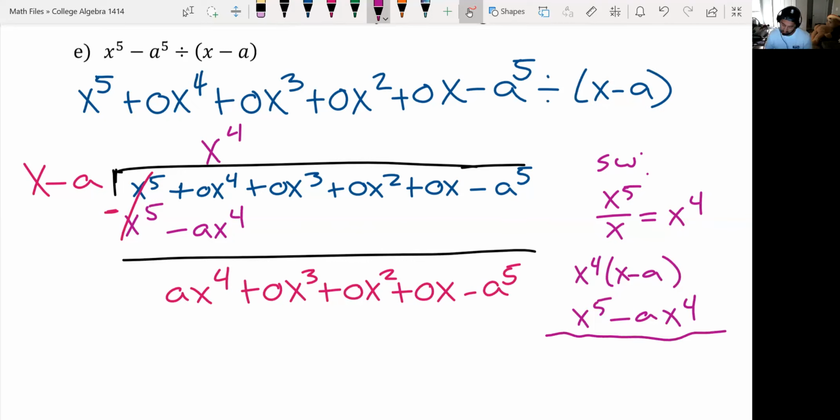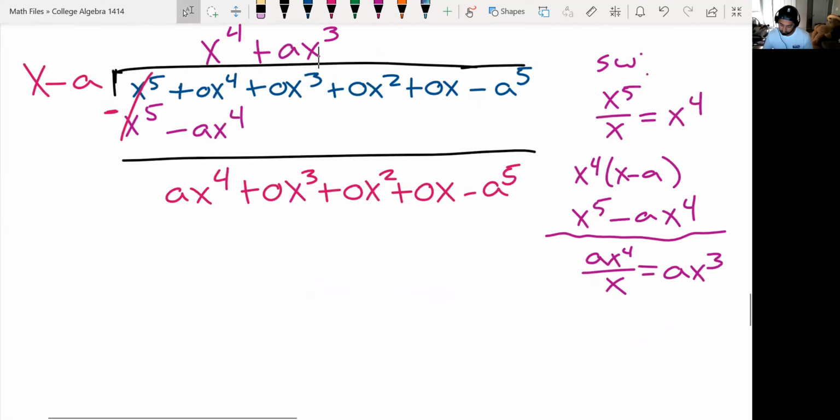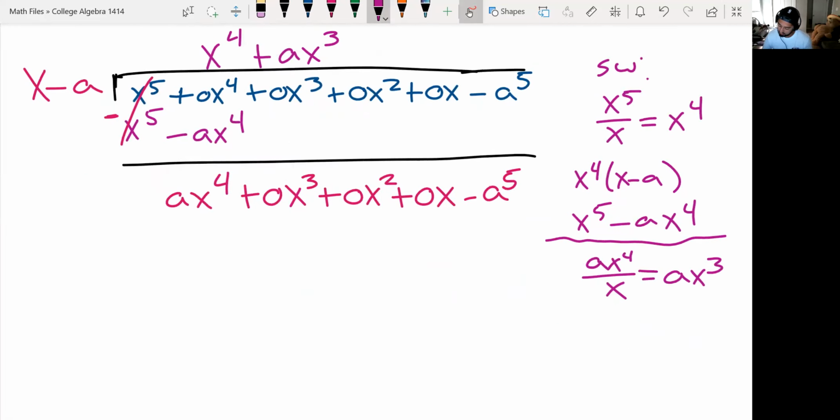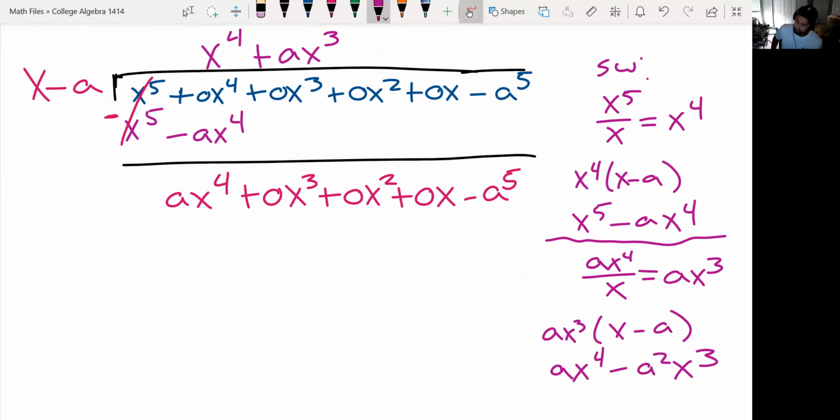Keep going. Now it's ax to the 4th over x, and we get ax cubed. So that's going up here. And then ax cubed times x minus a is ax to the fourth minus a squared x cubed.